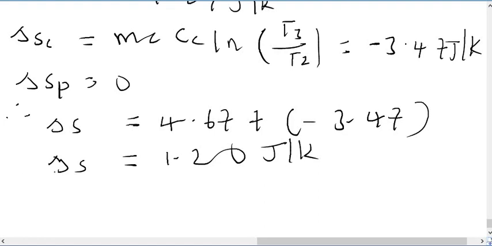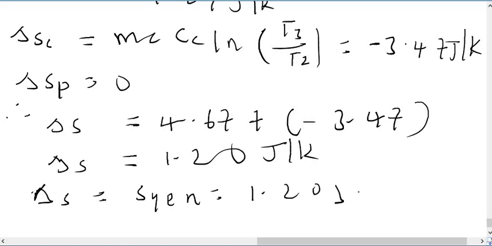So entropy change is equal to the entropy generated, which is 1.20, which is greater than 0. The process is irreversible and is possible.